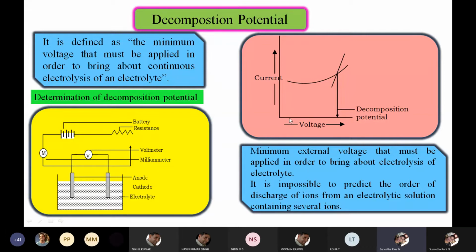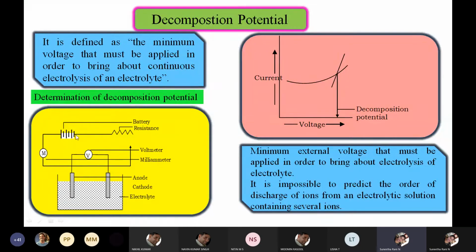This potential is called the decomposition potential, based on the voltage supplied for the coating process.